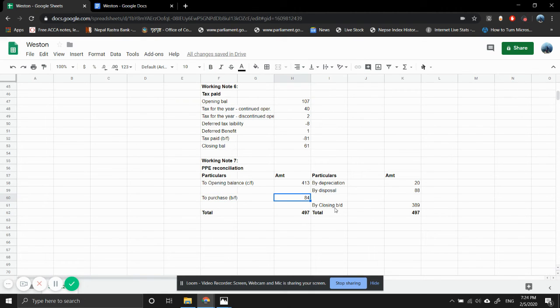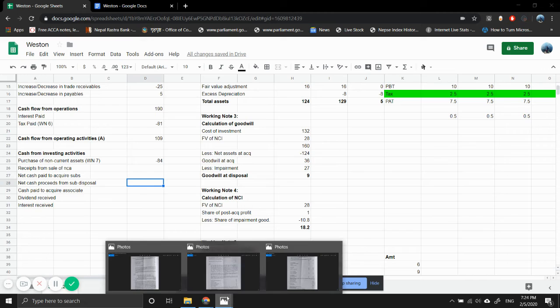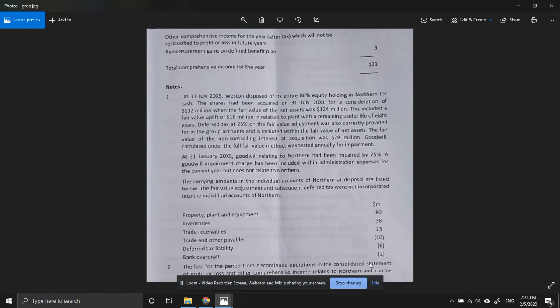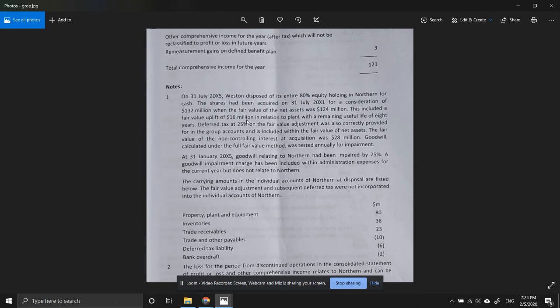So we got our purchase of 84, so it will be minus 84, right? No sale of NCA has taken place, so net cash paid to acquire subsidiary is not there. Net cash from this is there, so it's 2. And then what was the cash received?